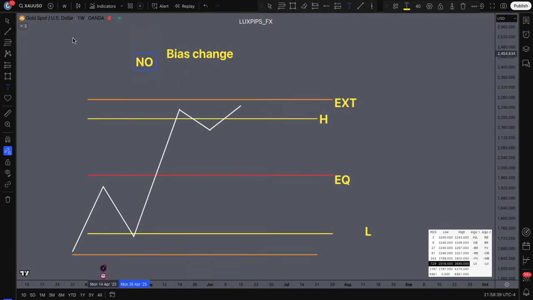This is no bias change. Because here, price could just use the extension and then start another scenario.